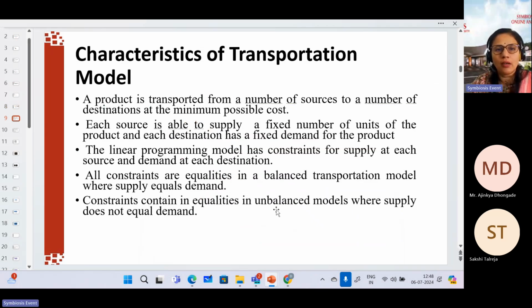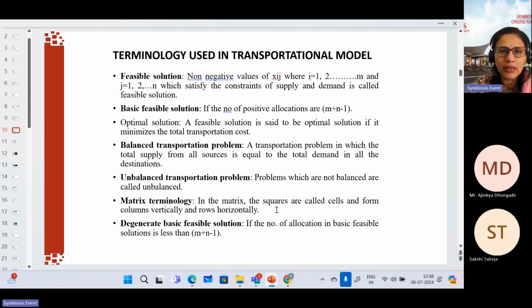So this theory you will receive and you are going to read it in the form of a PPT. But yes, I'll quickly brush up the terminologies which are required for this model. Number one, feasible solution. What is a feasible solution? Non-negative values of Xij. What is Xij?